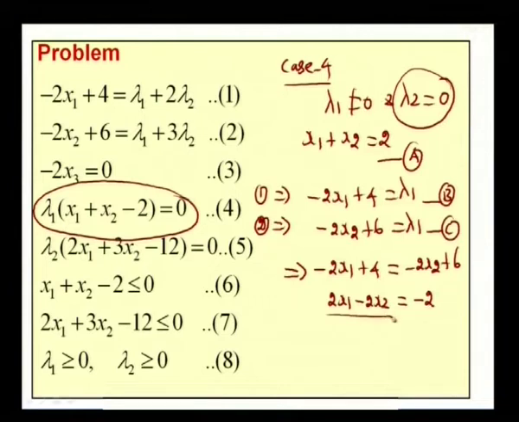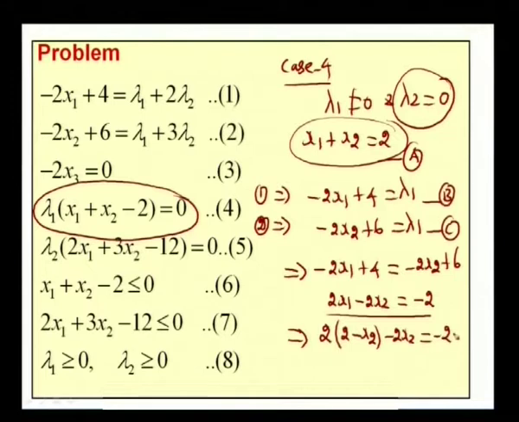Now, I will make use of equation A, where x1 plus x2 equal to 2. From equation A, x1 is 2 minus x2. Therefore, in this equation, instead of x1, I will write 2 minus x2.